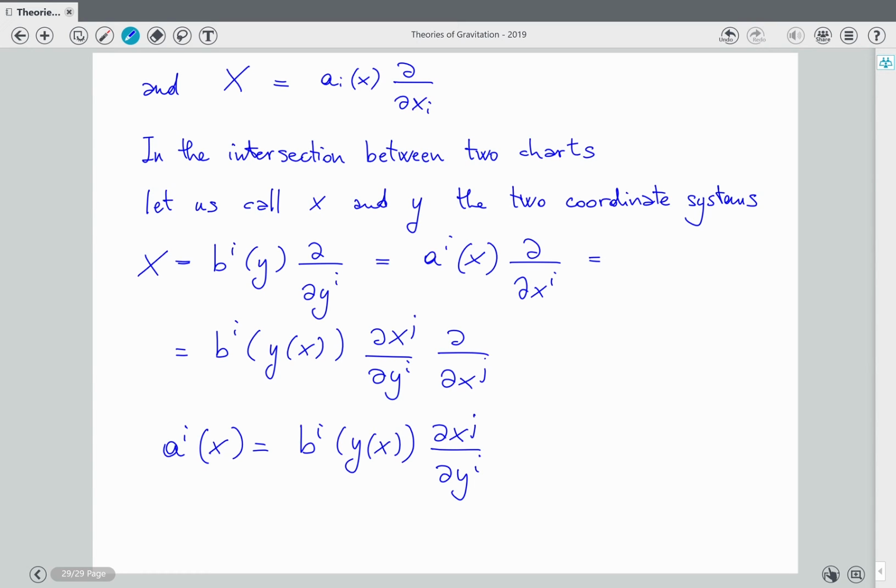And actually we have to change the names of the various indices. So this must become i, this i, and this must become j and j. So we have j, j, and i.